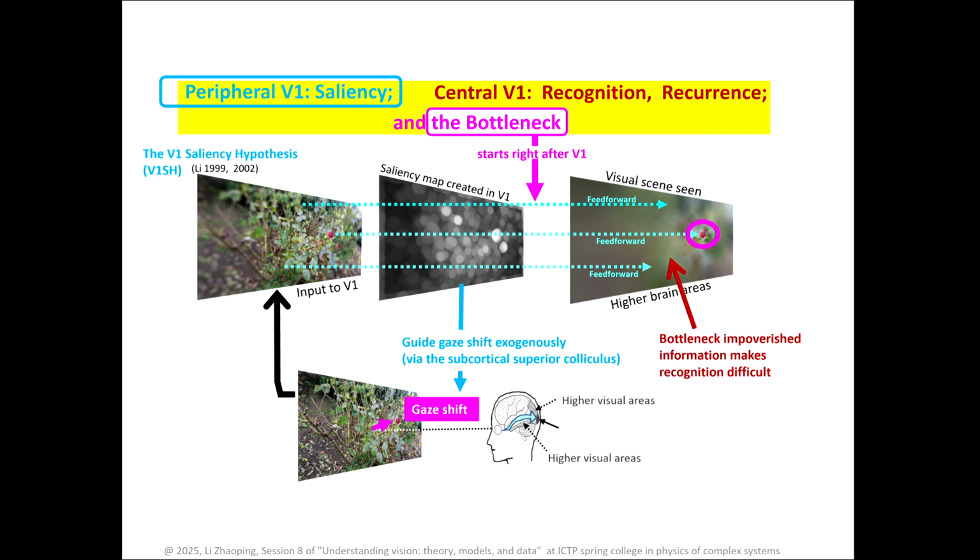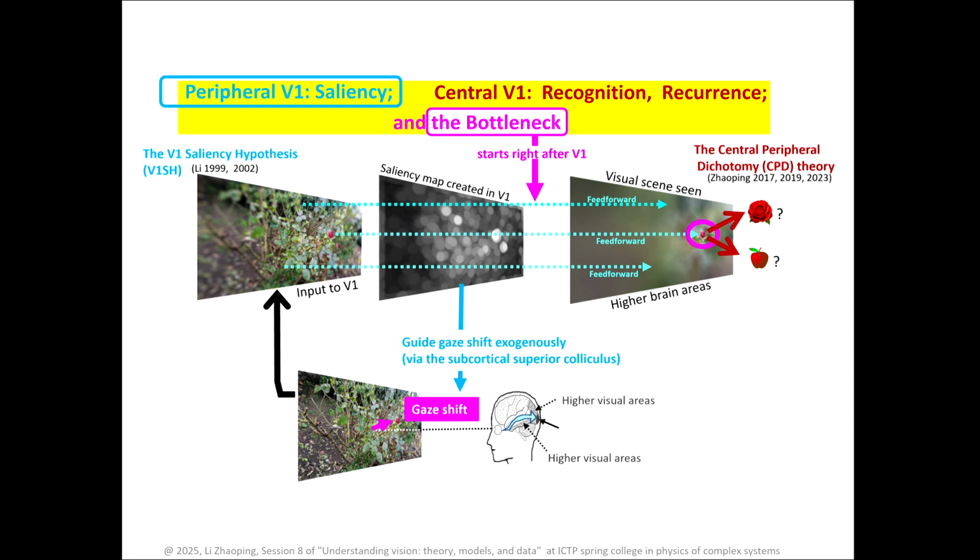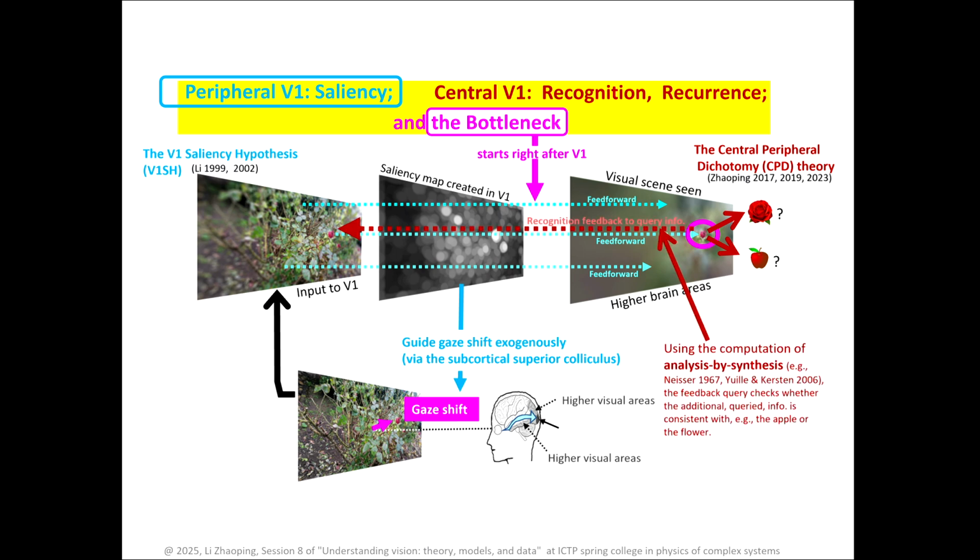The bottleneck makes the information impoverished so that recognition can be ambiguous. Even in central vision, one may be uncertain, for example, whether this is a red flower or a red apple. More recently, I proposed that central vision can send a feedback to query for additional information, particularly from V1, to resolve the ambiguity. This is as if to look up information from a blackboard.